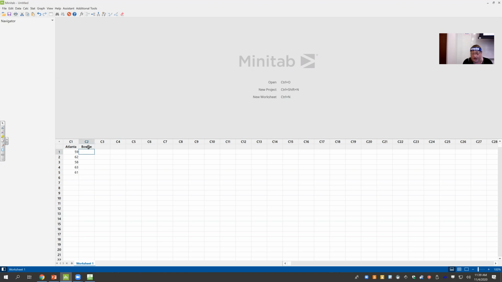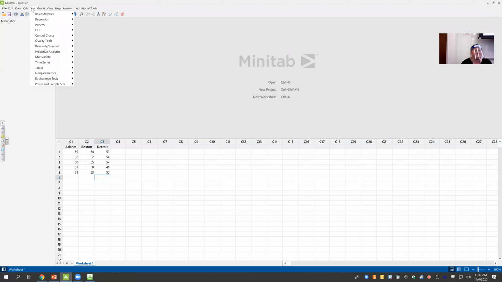That was the second category. I have 54, 52, 55, 58, 53. Then I have my third category, which is Detroit, and I enter 53, 56, 54, 49, and 52. Okay, so I have all of the data. The table is entered. I'll write these steps down for you in just a minute.